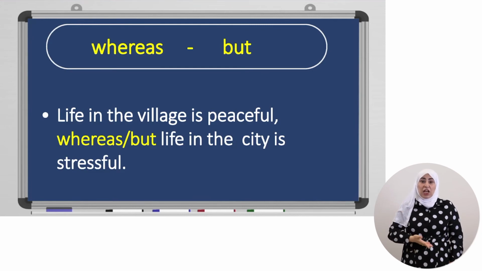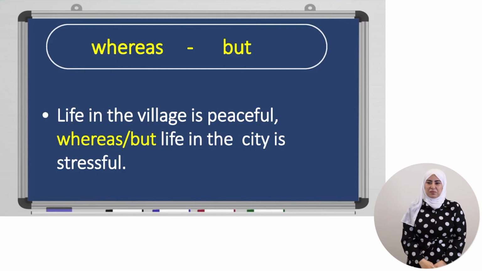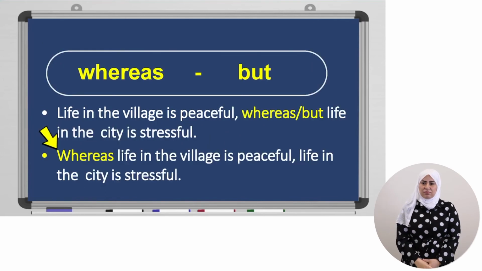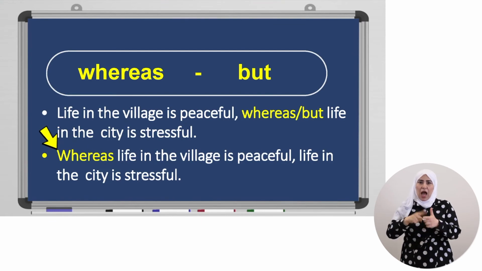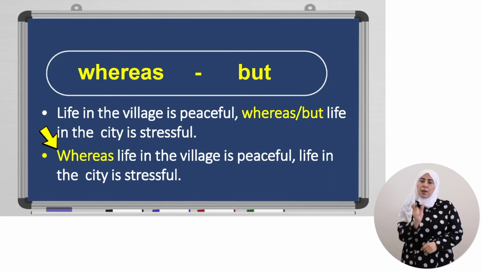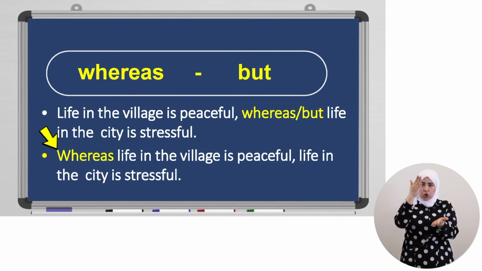Whereas, I'm going to give something completely different. This is why we're trying to show the differences. Life in the village is peaceful, whereas life in the city is stressful. Very simple, very easy. You can use whereas in the middle of the sentence and at the beginning of the sentence, as you can see in the second example. However, but can only be used in the middle of the sentence.